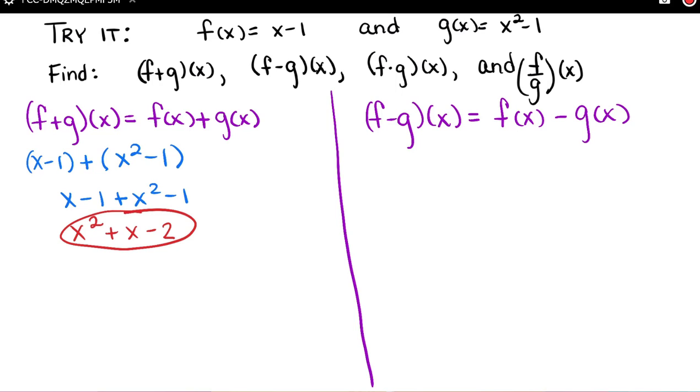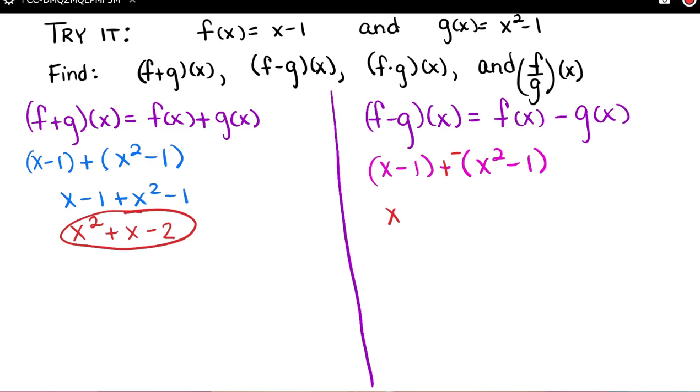So now let's try f of x minus g of x. For that one, we have x minus 1 in parentheses minus x squared minus 1. So the minus becomes a plus a negative.